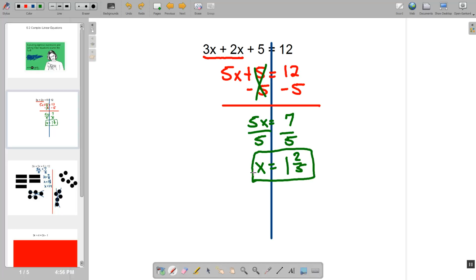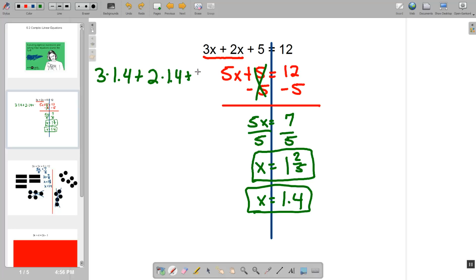Now to check my answer, I'm going to put it as the decimal 1 4/10 to check, because I think you guys will like that one a little bit better. And then let's just go back and check. So I'm going to do 3 times 1 4/10 plus 2 times 1 4/10 plus 5. And all of this has to be equal to 12.